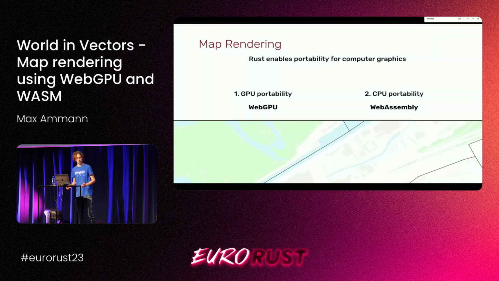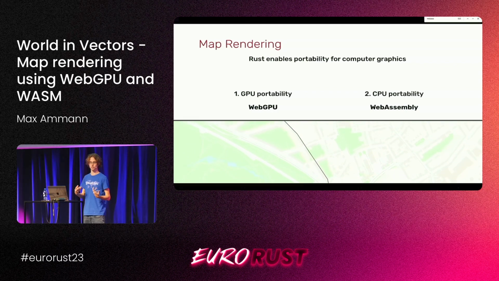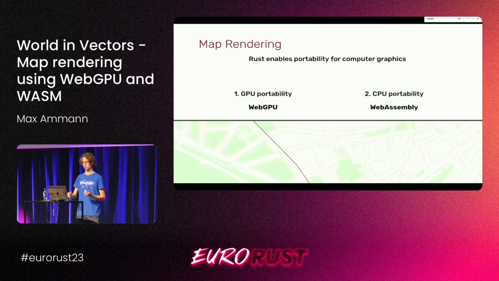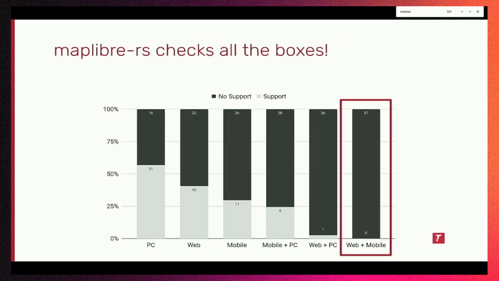So, quick recap. With Rust, WebAssembly and WebGPU, you reach portability in terms of GPU, but also in CPU. Those technologies really fit nicely together. With that, we can check all the boxes, and we have renderers which work on any operating system.